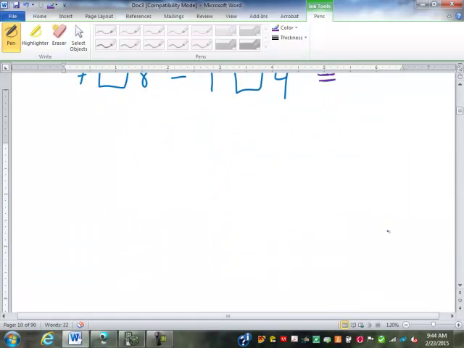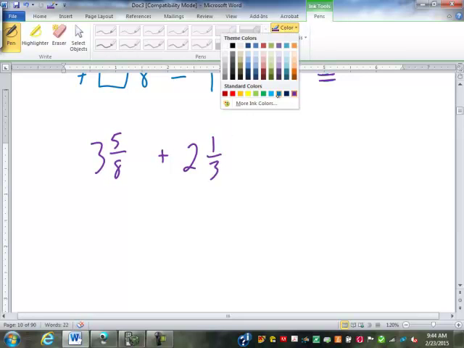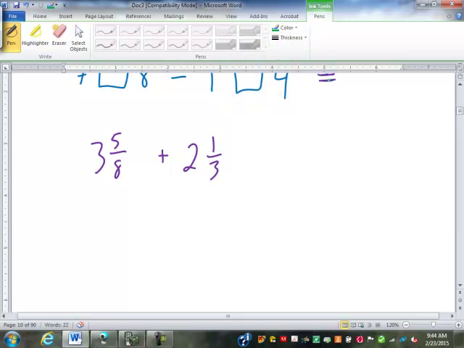What if it's a little bit trickier than that? What if it's something like 3 and 5/8 plus 2 and 1/3? Well, to enter in a mixed number, we have to use that ABC key twice. So you do 3 ABC, 5 ABC, 8.